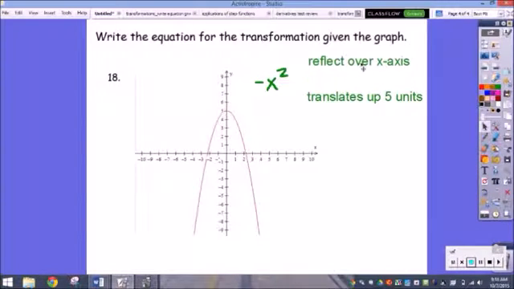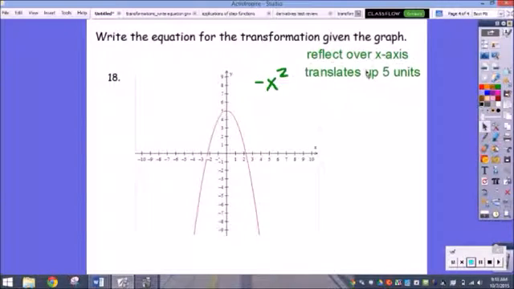And if it's up 5 units, well, up or down, that's a translation that happens outside of the function. And so I, again, don't need any parentheses. I just need to have my up 5 units communicated outside the function. And up 5 units would be adding 5 outside.